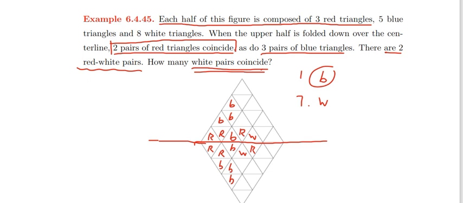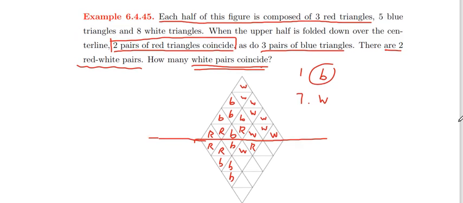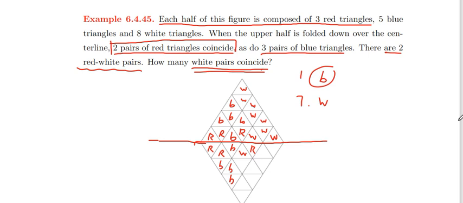So here, we need to check. We just put white. Let's say I put 7 white, then I put blue here. Then we check the bottom. In the bottom we already have 4B.